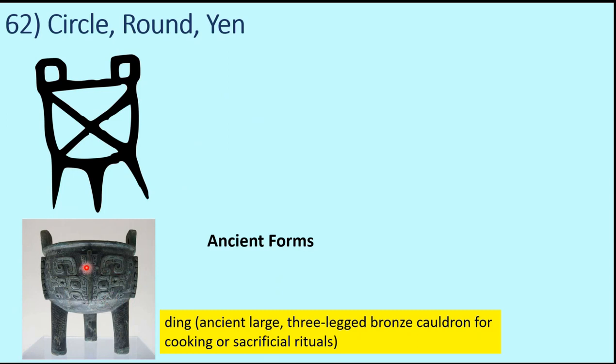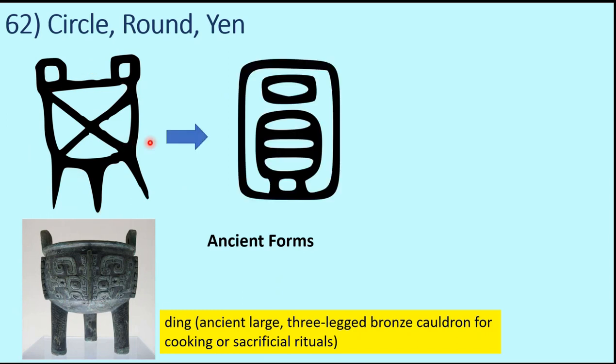So this is the ding, and the symbol of this ding is this from the ancient scriptures, and it evolved into this symbol in ancient China, and you can see here a circular part is there. So a circle indicating the top edge of the ding.